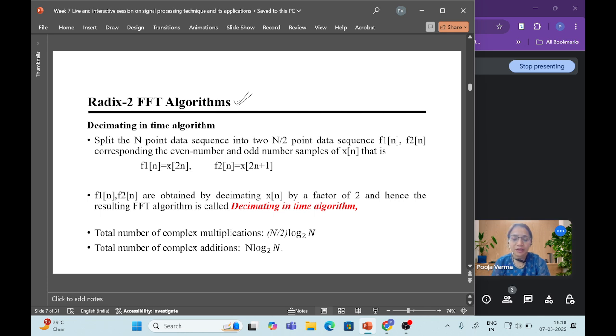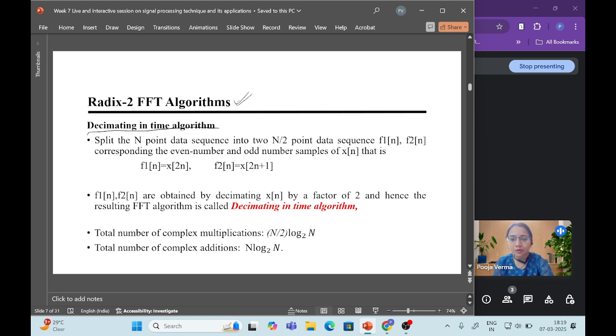This is the most used algorithm to calculate the DFT of any signal. The radix-2 FFT algorithms are also of two types: either decimation in time or decimation in frequency. First we will see decimation in time.